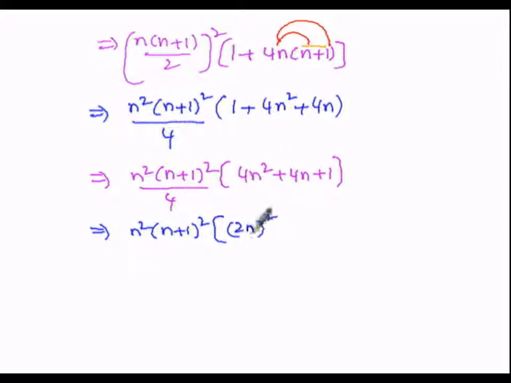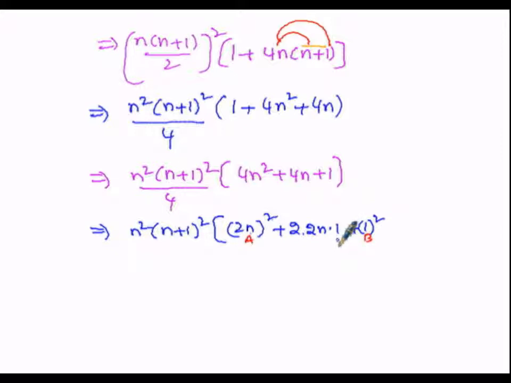So instead of 4n square I wrote it as 2n whole square plus, the last term is 1, so I want it as 1 square. It is in the form of a square. When I assume 2n as a and 1 as b, the middle term will be 2ab, therefore it must be 2 into a is 2n into b is 1.